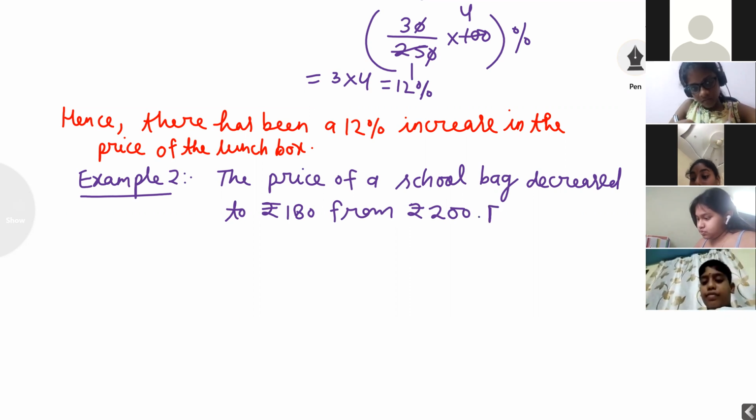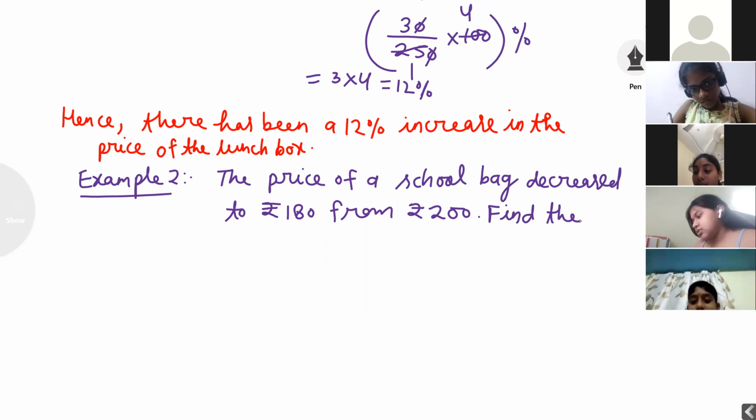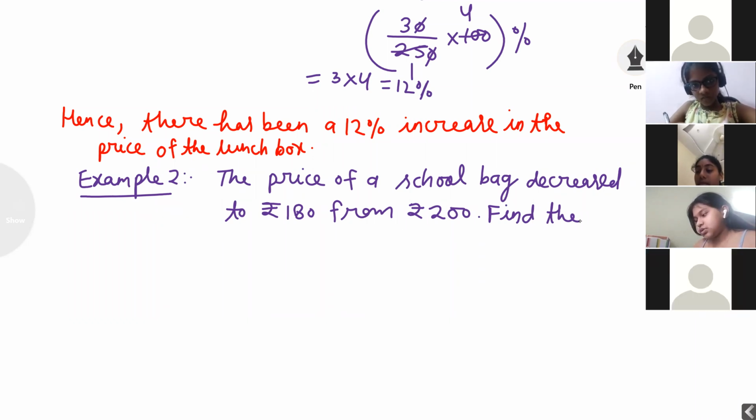Find the... now don't ask, sir, we want to find out decrease or increase. Already he has mentioned decrease. Okay, find the decrease percentage.